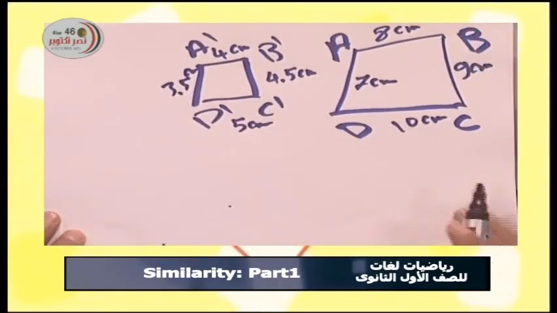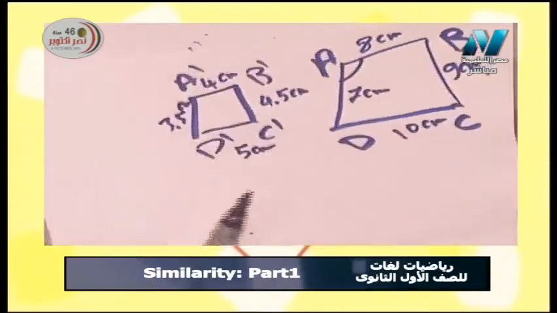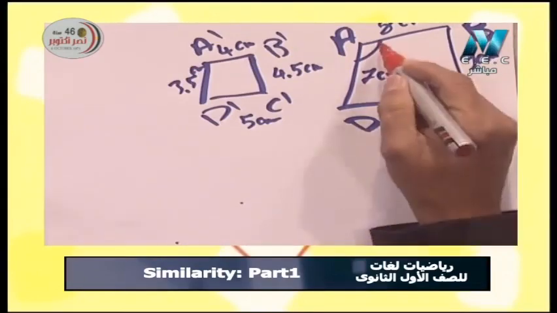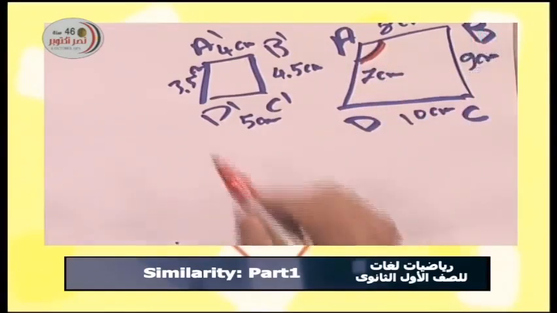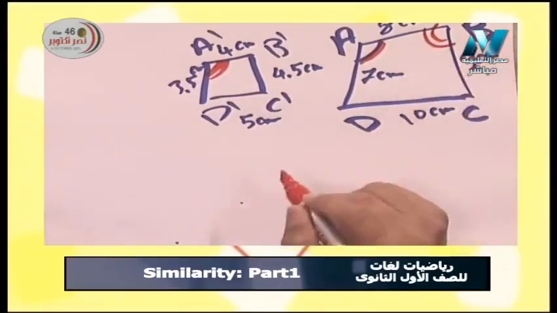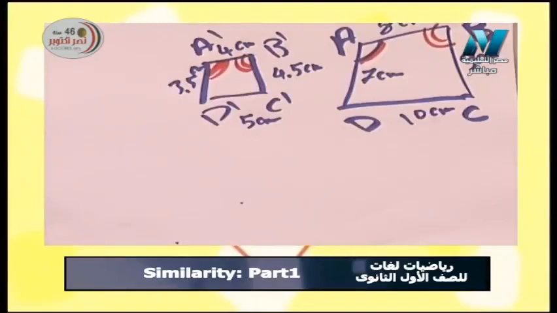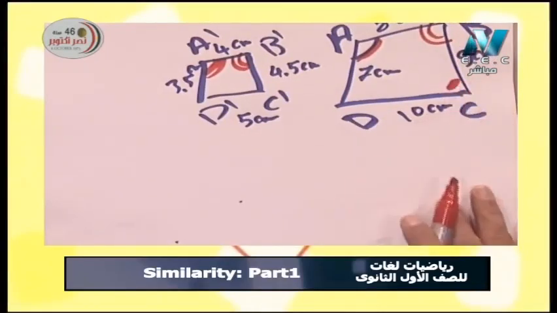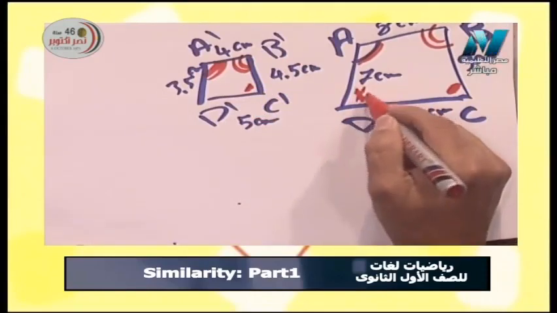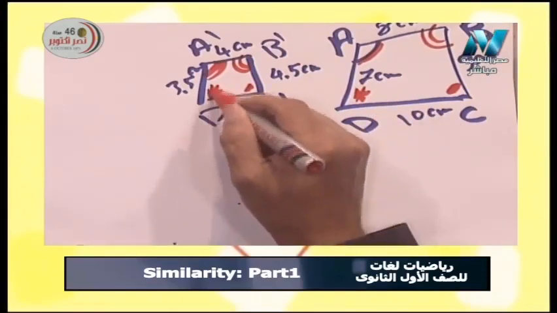As we see, measure angle A equals measure angle A dash. Measure angle B equals measure angle B dash. Measure angle C equals measure angle C dash. Measure angle D equals measure angle D dash.